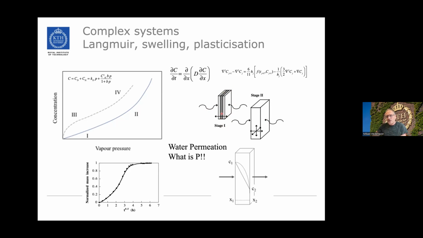When the foreign molecule reaches the middle, it is free to expand in all directions, and then it actually shrinks in the thickness direction. These things give you a non-linear curve of mass uptake as a function of square root of time. So when you see these S shapes, it's most often due to this effect.